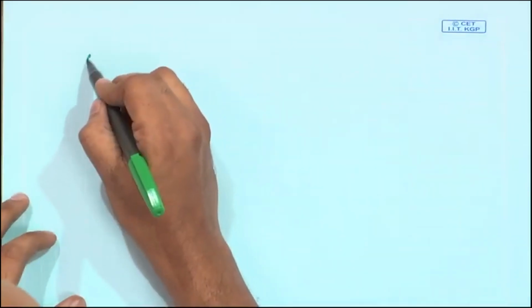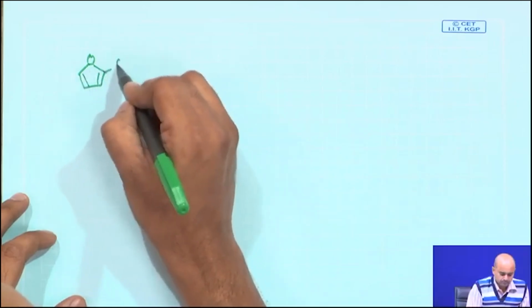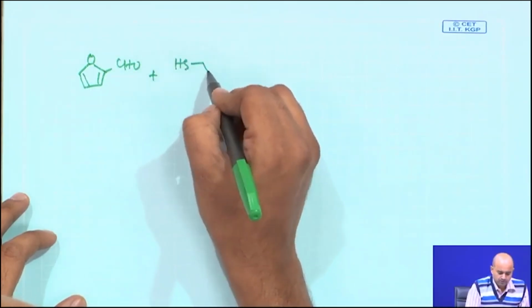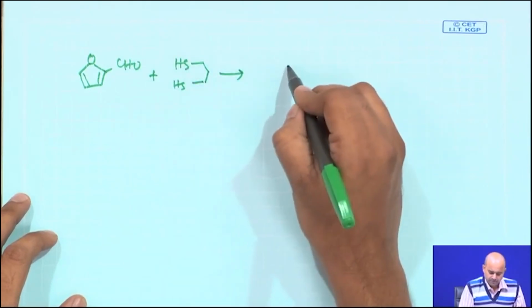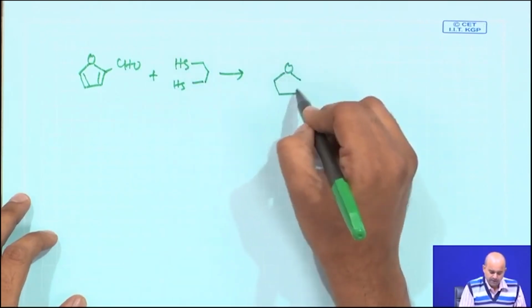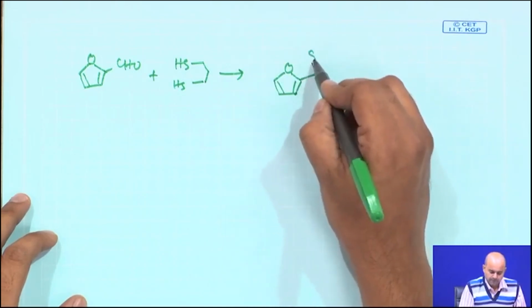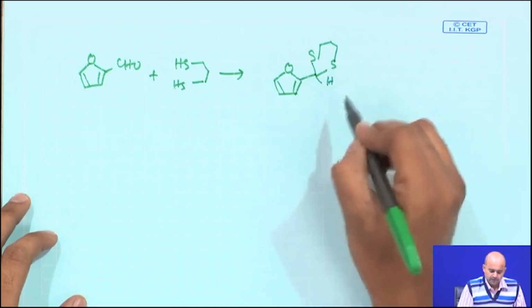Now, do this forward synthesis. So, start with the furfural, react with 1,3-dithiol. Initially the aldehyde will be protected as its dithiane. The remaining hydrogen is extremely acidic.